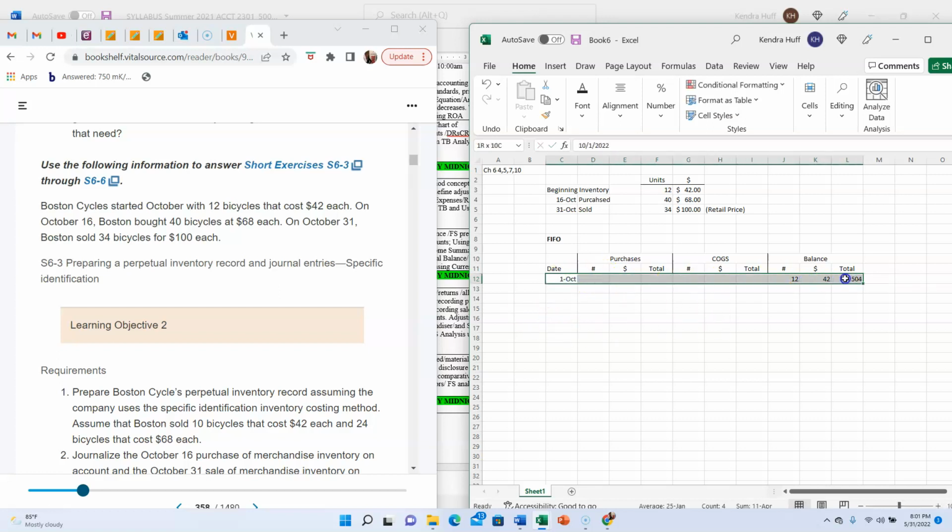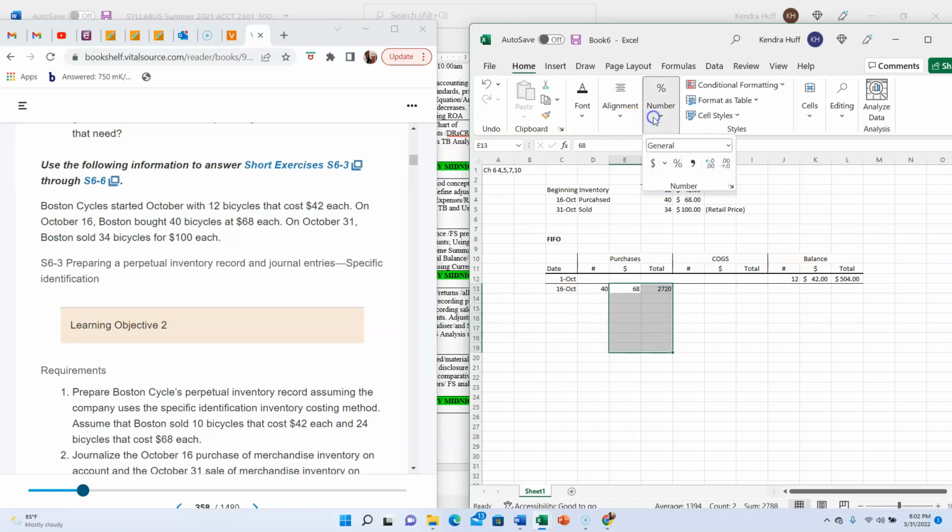And then draw a line underneath that, because you need to keep each time frame separated from the next. All right, so this is all going to be dollars. Then October the 16th, we purchased 40 units at $68. Multiply that out.